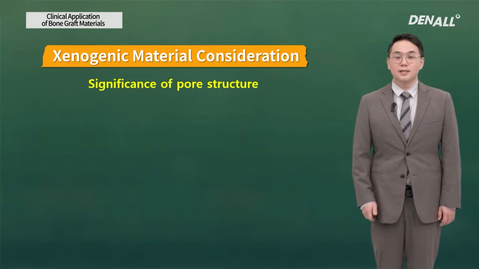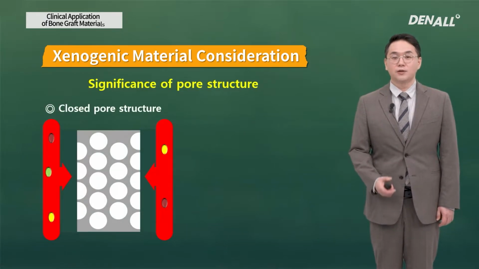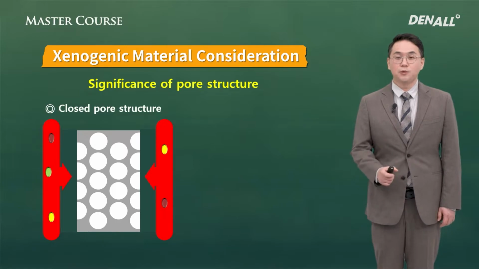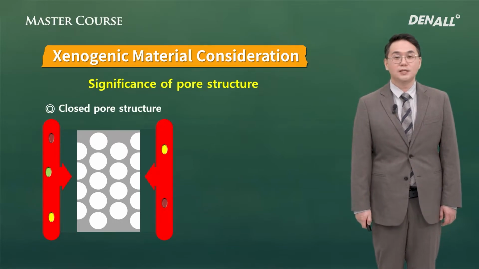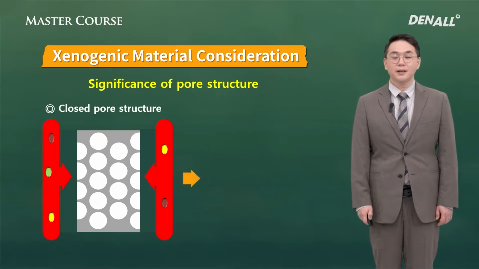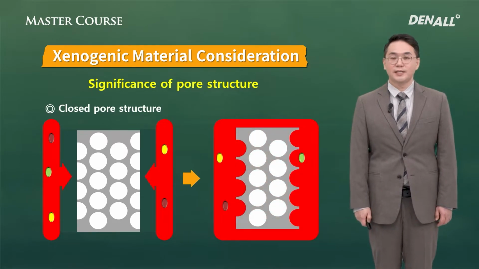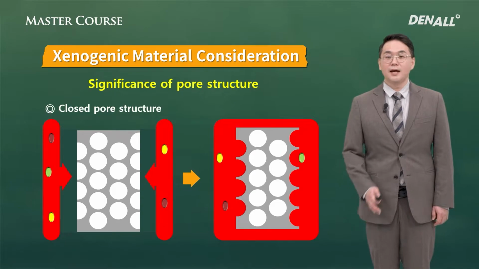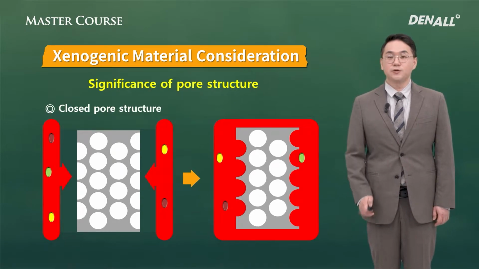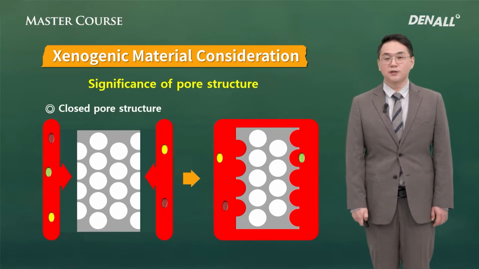The bone materials that you use, if they are not connected with each other, the pore system is closed. They are not easily saturated with blood. The blood cannot penetrate into the bone materials, so the area where cells can adhere to would be small.